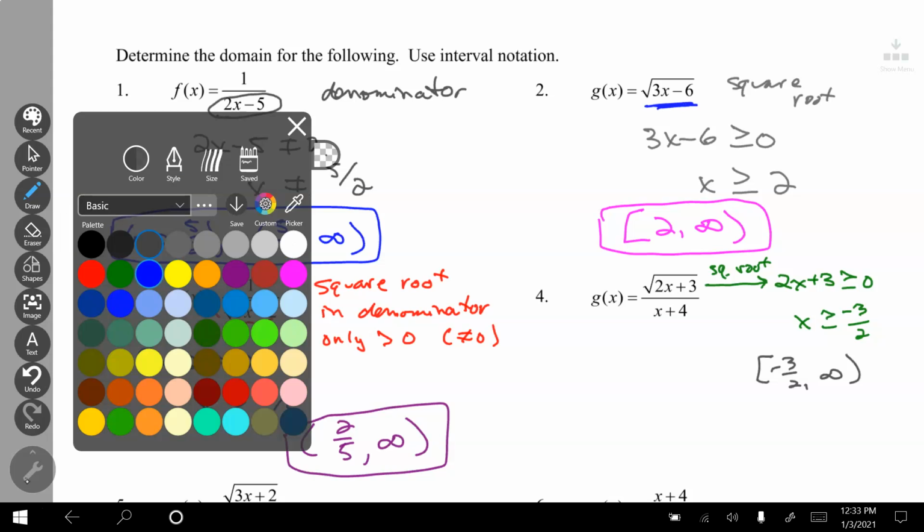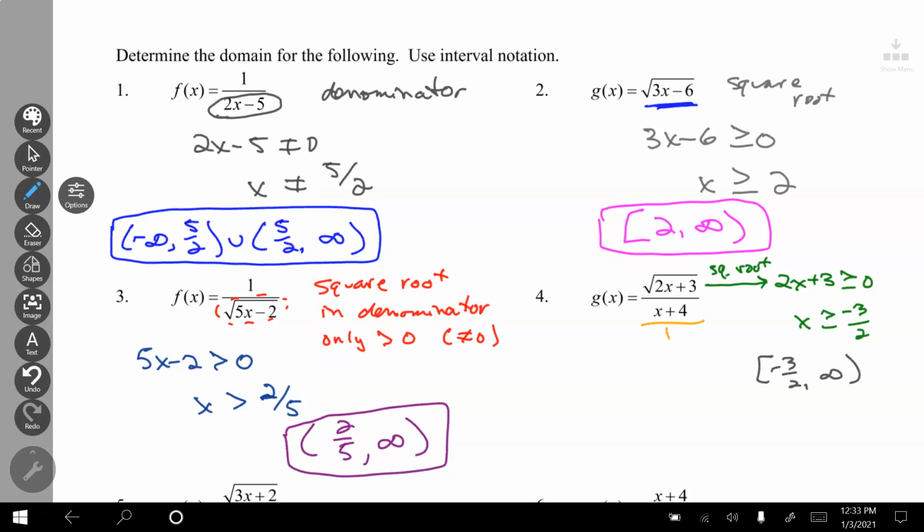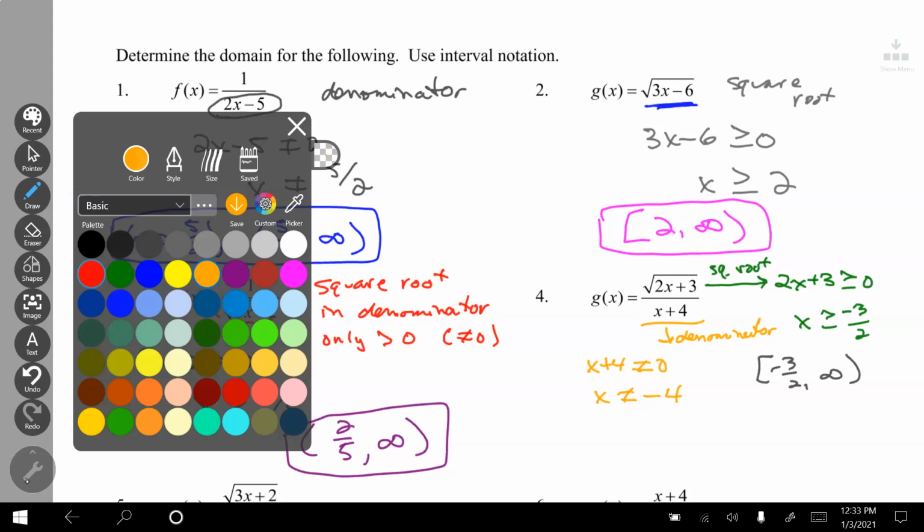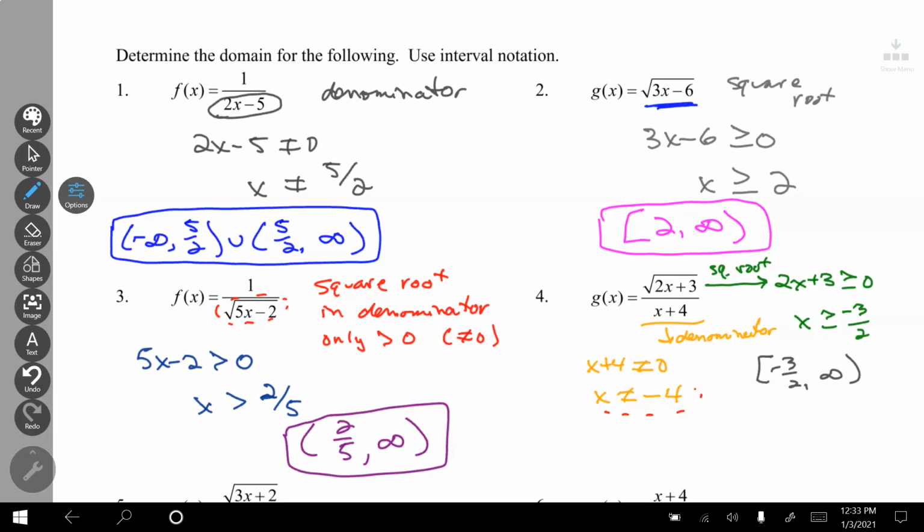That's what domain I have right now just based on the numerator. But I do notice that I have a denominator. So I have to apply that rule of x plus 4 cannot equal 0. Subtract 4, x cannot equal negative 4. And then I ask myself, does this have anything to do with this window?